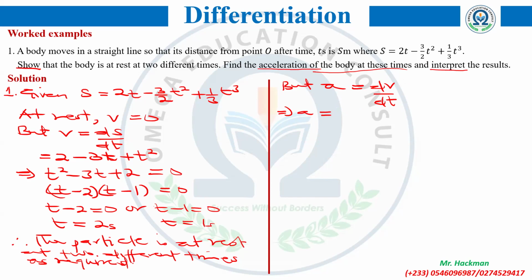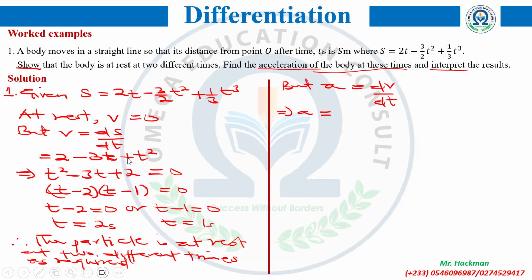Where is our velocity function? And please take note, you use this original velocity function. Sometimes if you form the equation, you can reduce the equation, so don't take the reduced form of your original function. That's the more reason why I found the velocity before equating, so that when you want to fall on the velocity function, you know the exact velocity function.